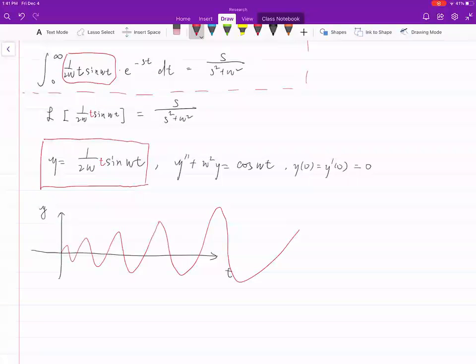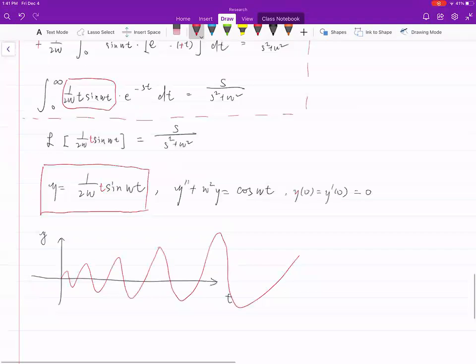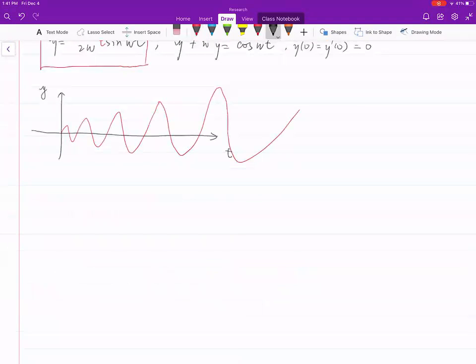All right. Okay. That's the process. Which is, by the way, very interesting.